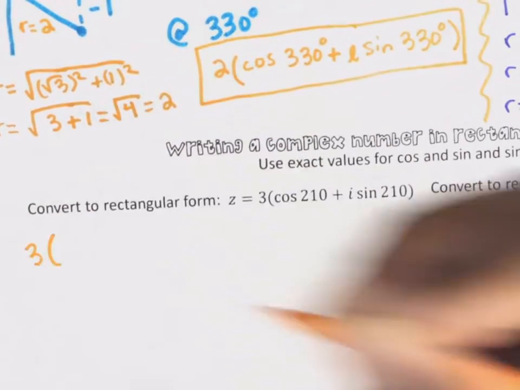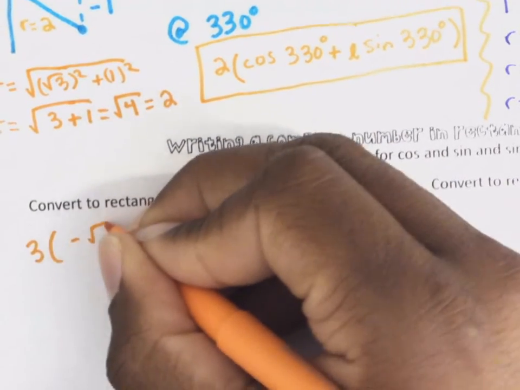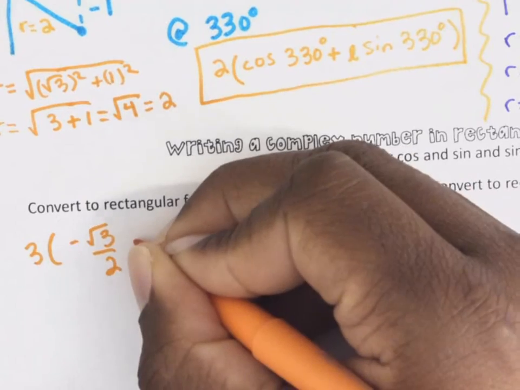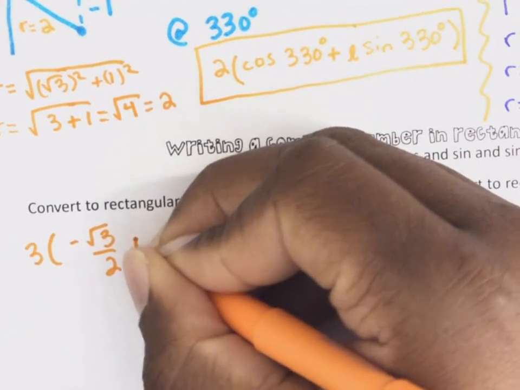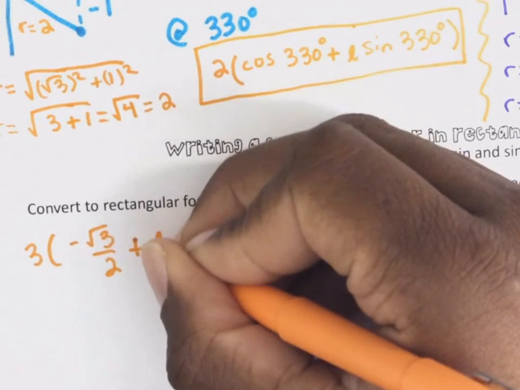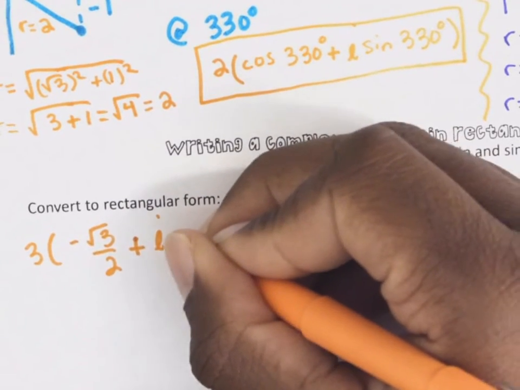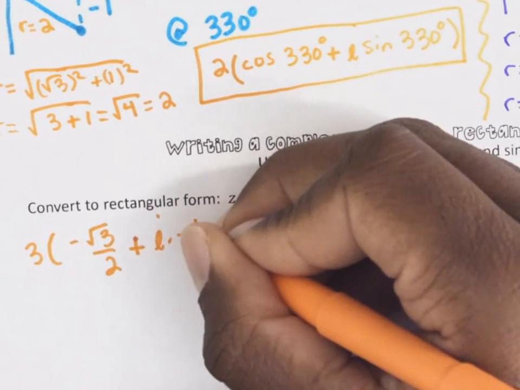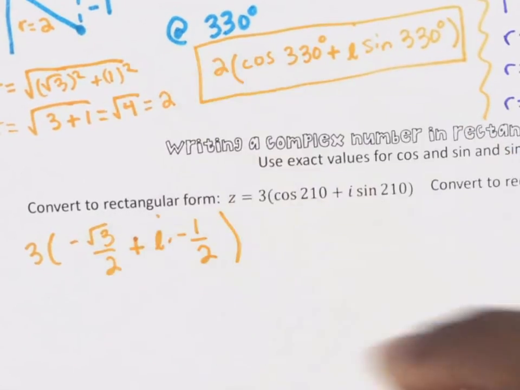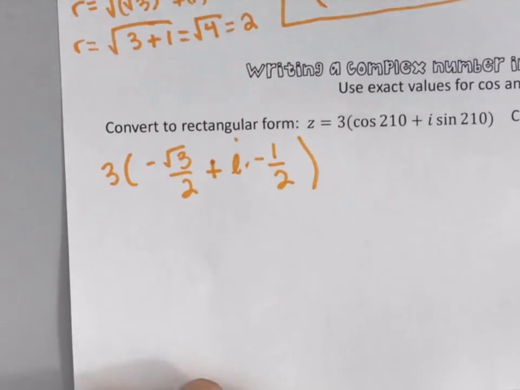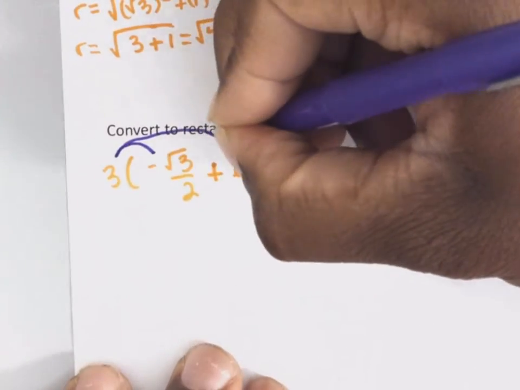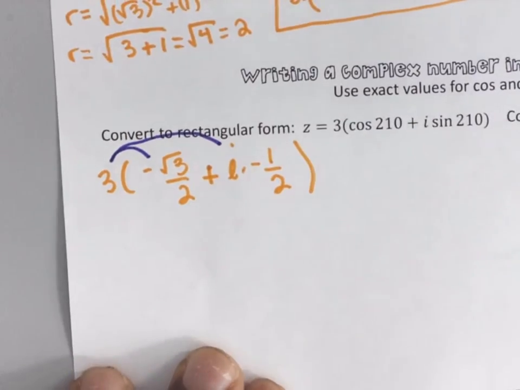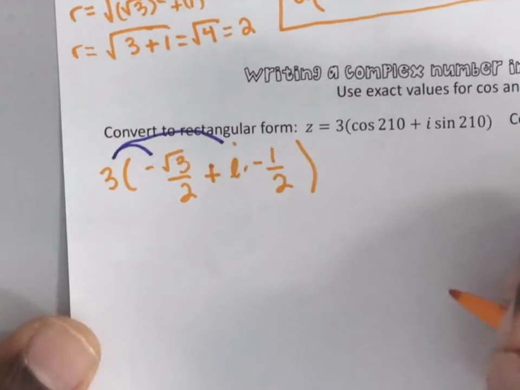I get 3, negative root 3 over 2. I'll go ahead and say plus I times negative 1/2. I'll distribute the R. I'll simplify and I'm done.